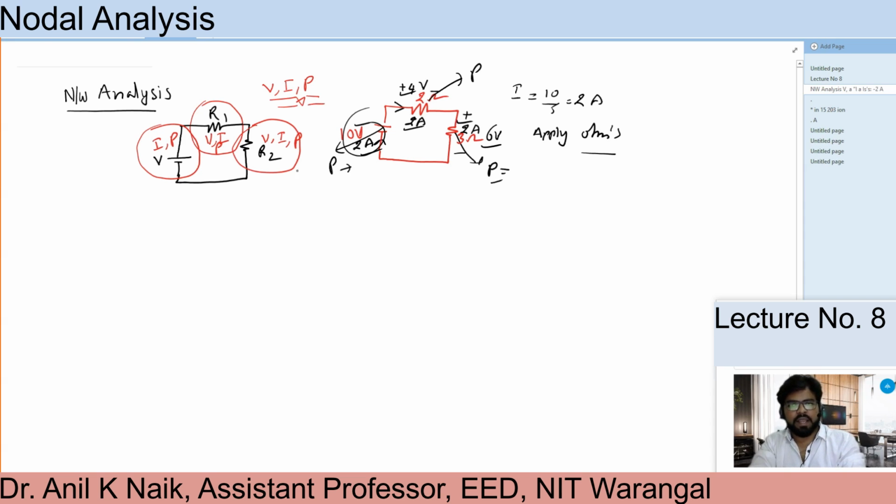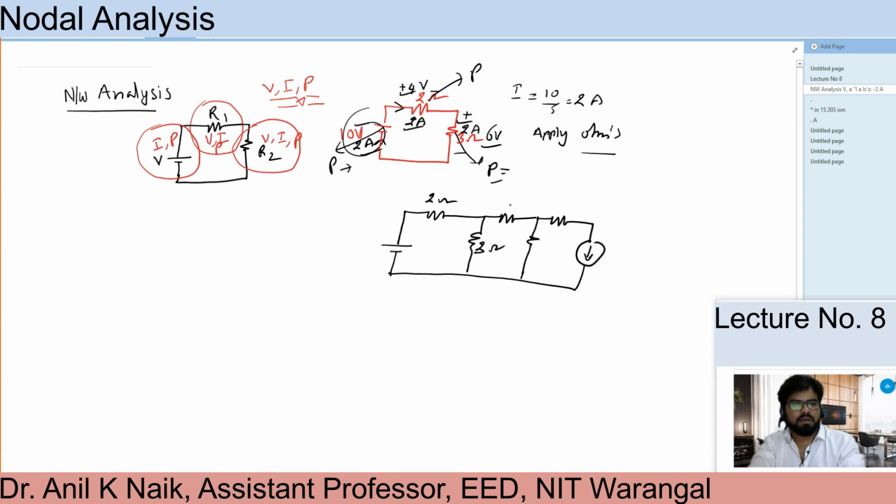Suppose I increase the complexity of the circuit, something like this, and you have again a current source. The values don't matter here, say 5 amperes and 2 volts.